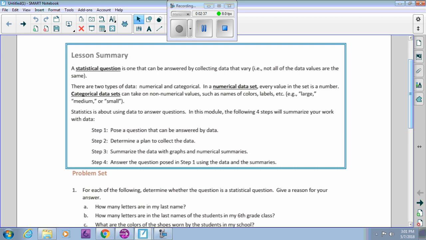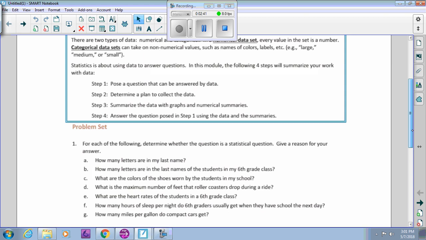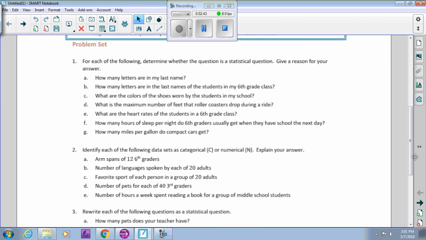All right, so the problem set said, for each of the following, determine whether the question is a statistical question and give a reason. So for A, I'd like you to grade your own on this, please. Make sure that you write down whether or not you got that one correct, and then fix it. How many letters are in my last name? It doesn't want you to answer the question. It wants you to tell whether or not it's statistical.